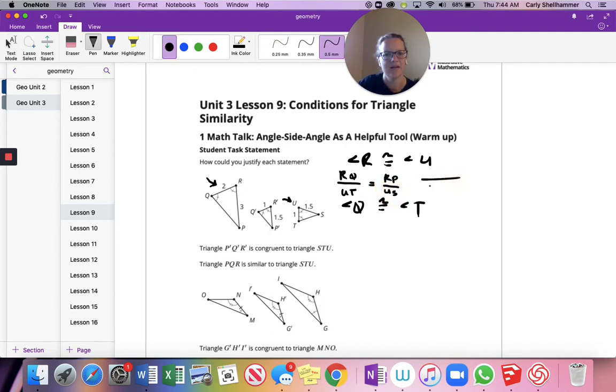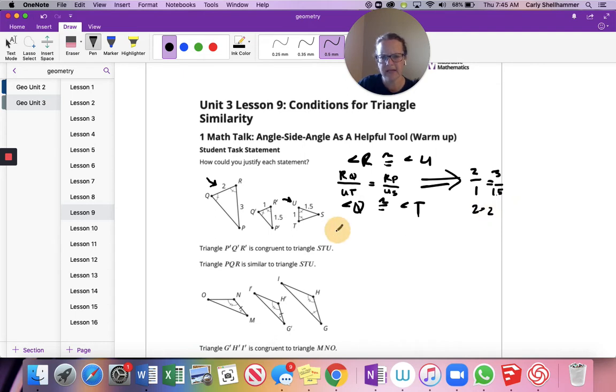Okay? Does not have to be part of the proof, but I'm just going to show you that RQ is a measurement of 2, UT is a measurement of 1, and RP is a measurement of 3, US is a measurement of 1.5. If we simplify both of those fractions, we get 2 equals 2. Okay?